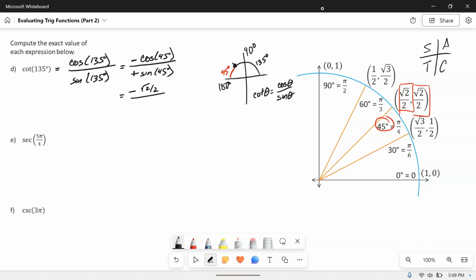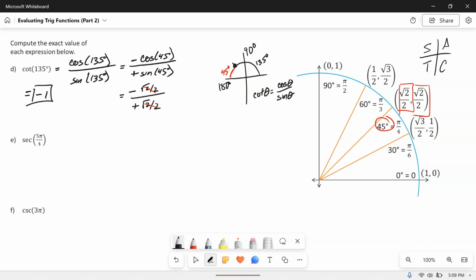And we're going to divide that by a positive square root of 2 over 2. And everything sort of cancels out, right, which is nice. And so all we're left with is a negative divided by a positive. So the cotangent of 135 degrees is equal to negative 1.